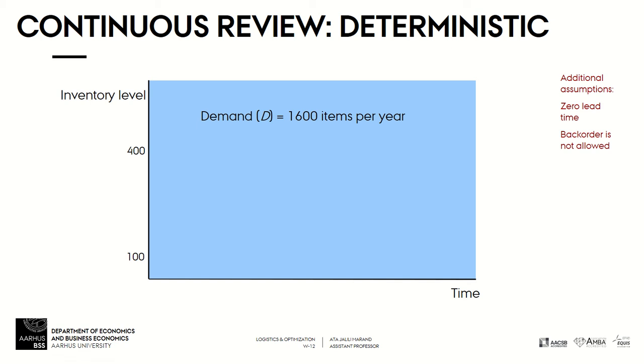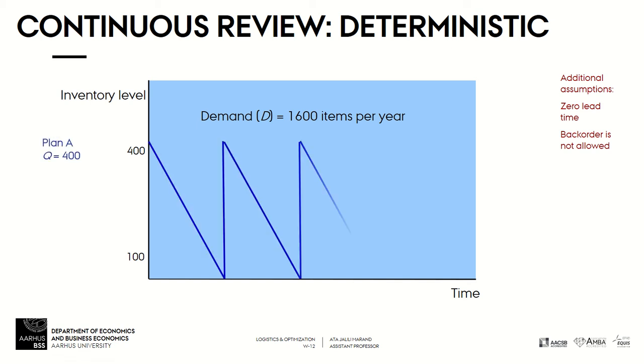Let's see what will happen if we consider an order quantity equal to 400. If we have an order quantity equal to 400, then to satisfy 1600 units of demand per year, we need to make 4 orders. 4 multiplied by 400 will give us 1600.